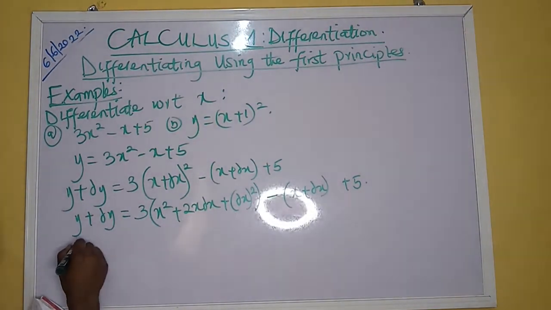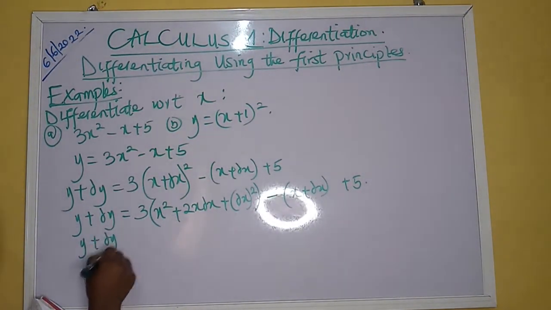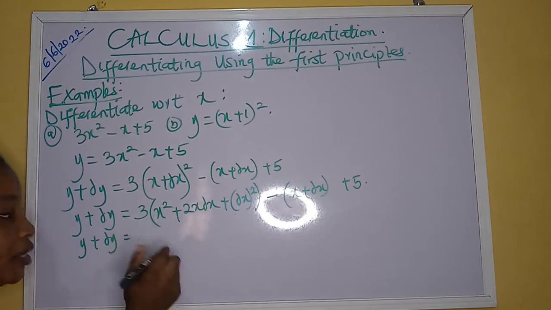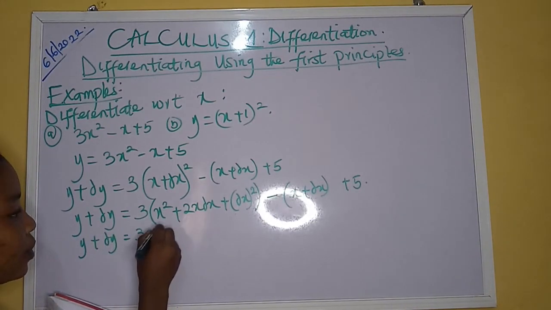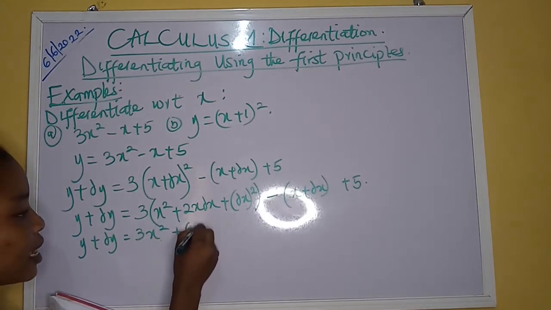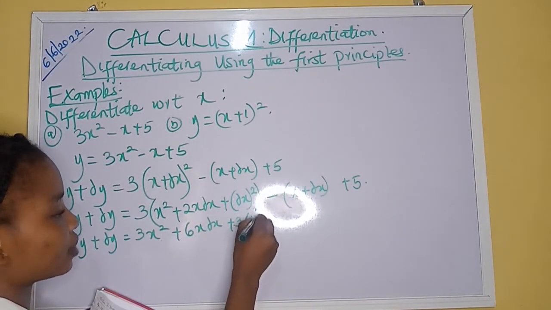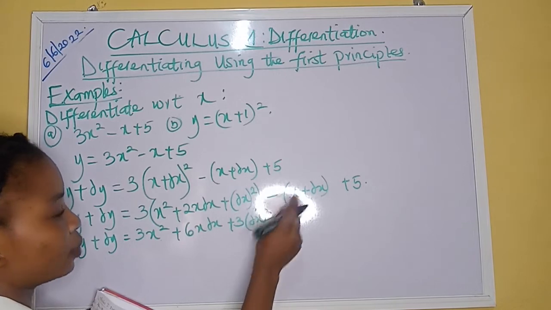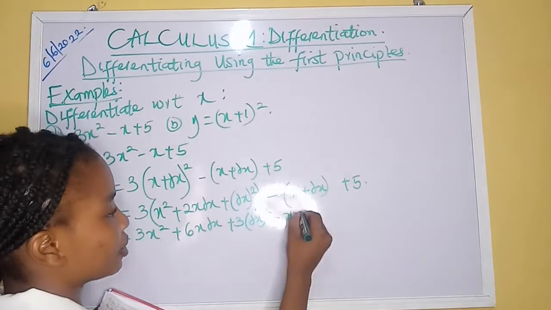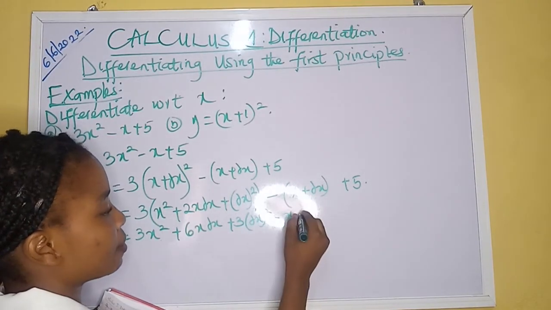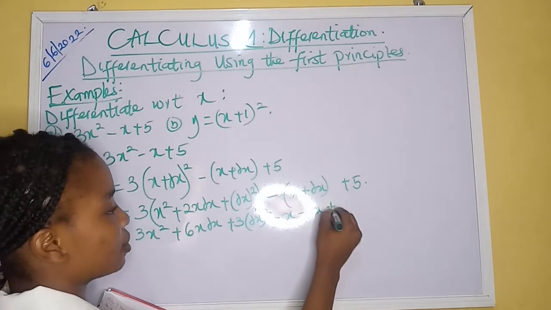Therefore, we have y plus dy. We open the bracket using the 3. We have 3x squared plus 6x dx plus 3 dx squared. We can also open this: minus x minus dx plus 5.